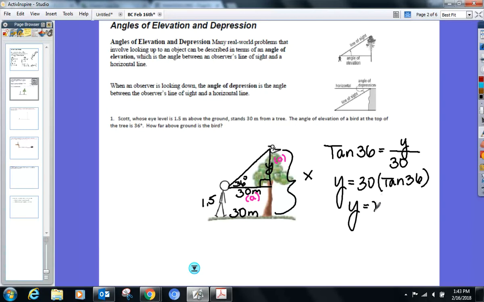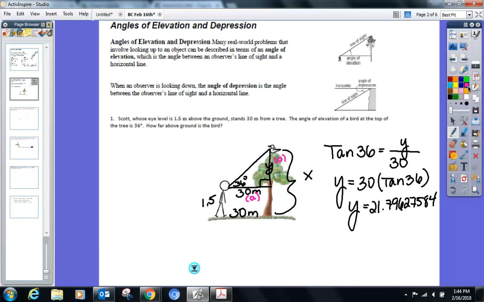And I'm getting 21.79627584. I still need to add that 1.5, and you guys have rounding directions on your paper, correct?